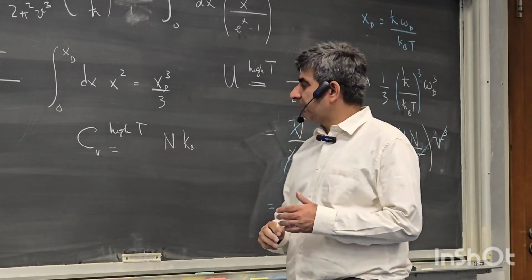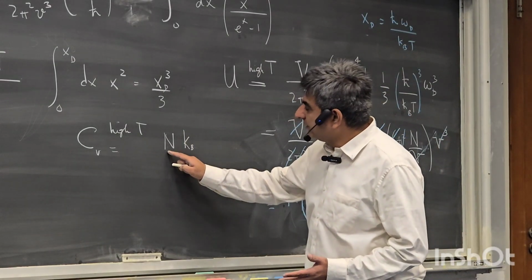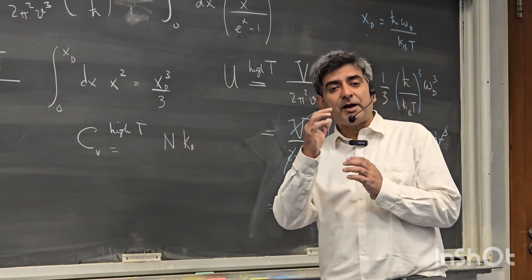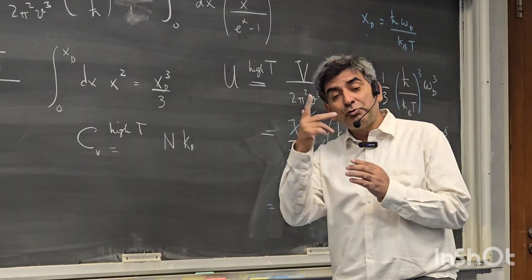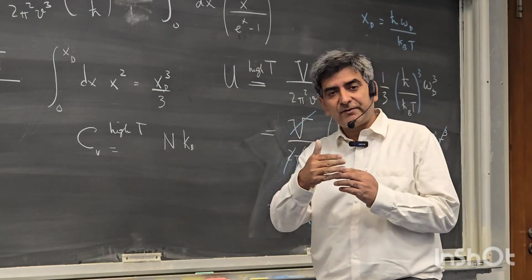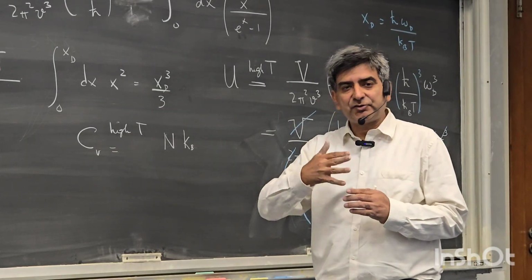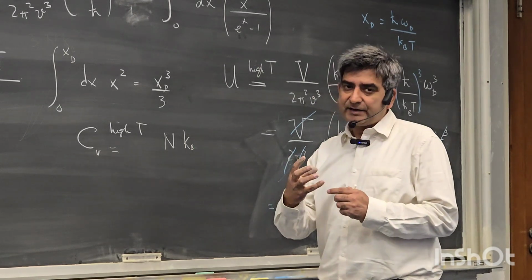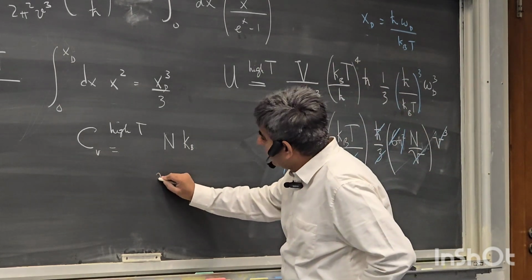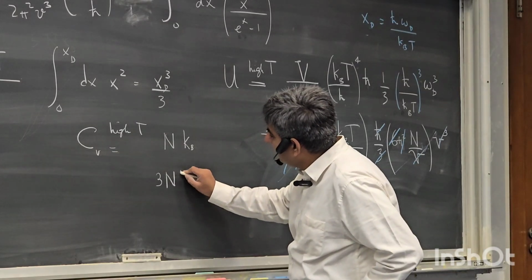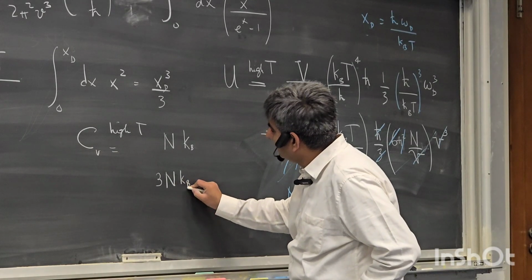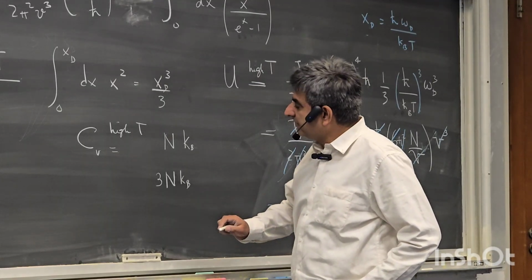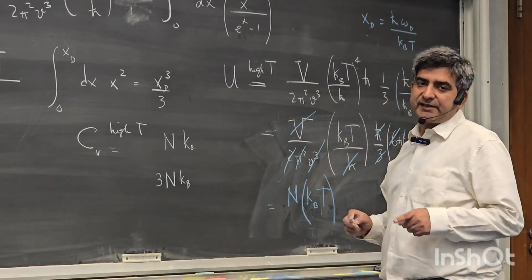And if we have a three-dimensional solid, you have the possibility of a mode with a transverse polarization, two kinds of transverse polarizations, x and y, and a longitudinal polarization. So you have three modes really with each of the n atoms. So for a three-dimensional solid, this will be 3n kB for a monoatomic system, which is exactly the same result that we have for the Einstein relationship.